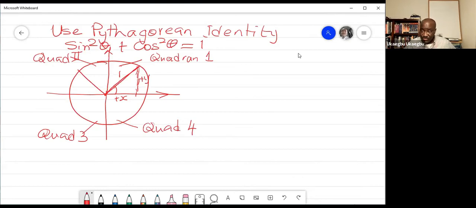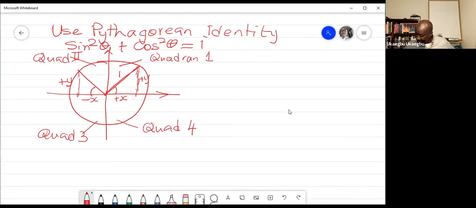But the only way you can determine that is if you draw a visual. If you have a theta here, this means that y is positive, plus y, and x is negative.